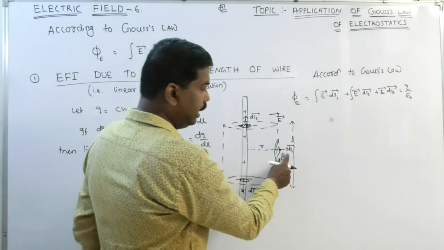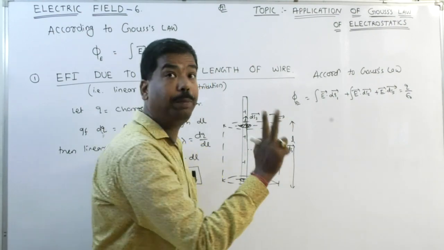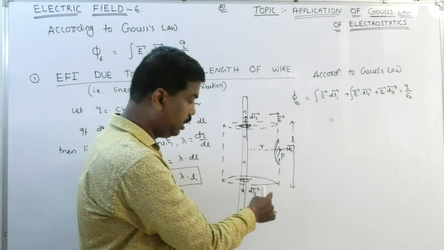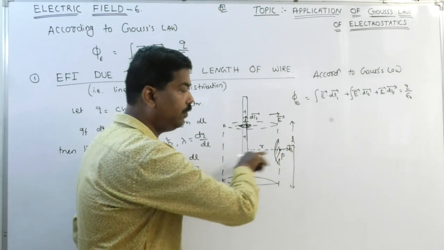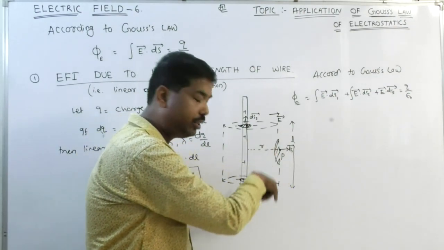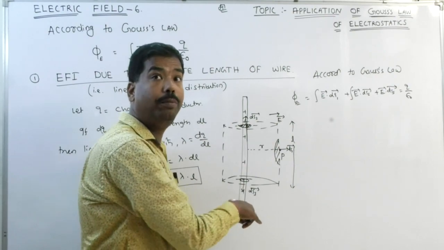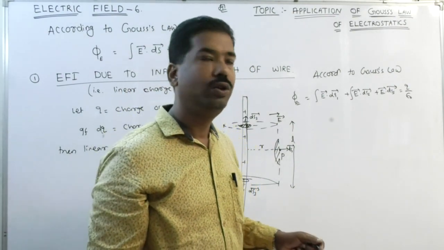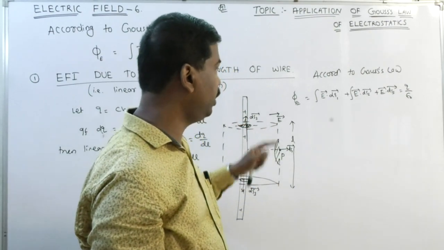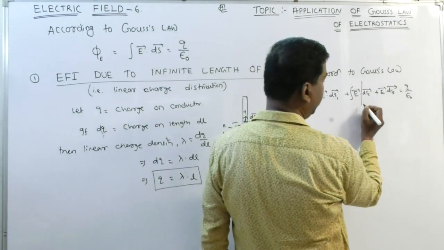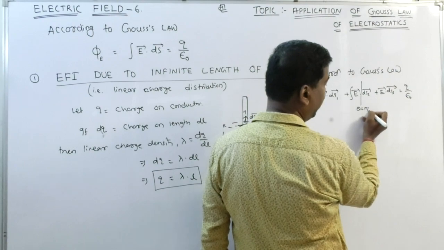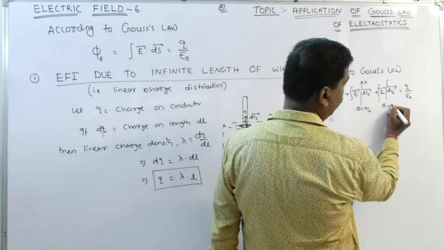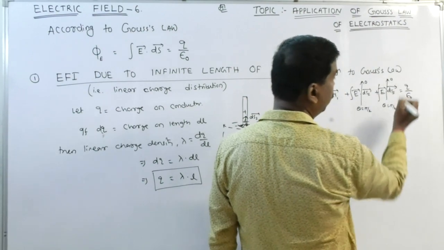Listen. In this case, E vector and ds1 vector are parallel, but E vector and ds2 vector are perpendicular. Here also, E vector is moving away from the positive charge, and ds3 vector will be downward because the area vector is always perpendicular to the surface and outward. So ds2, ds3 are perpendicular to E. If perpendicular, then the dot product is 0. Theta is equal to pi by 2, so this is 0, and this is also theta equal to pi by 2, and this is 0.